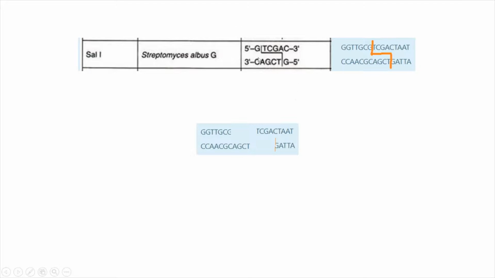And I just wanted you to realize that every section that a restriction enzyme recognizes is always symmetrical. So if you read it from this side, it's GTC, GAC. But if you read it from this side, GTC, GAC, it's always like that.